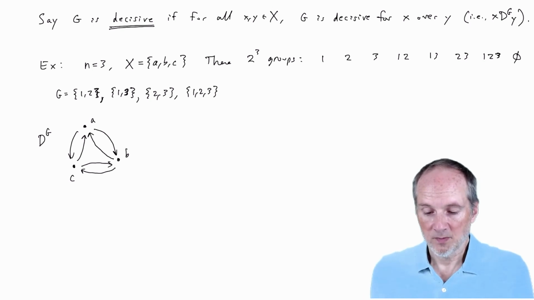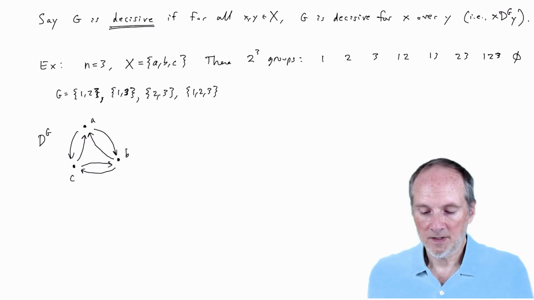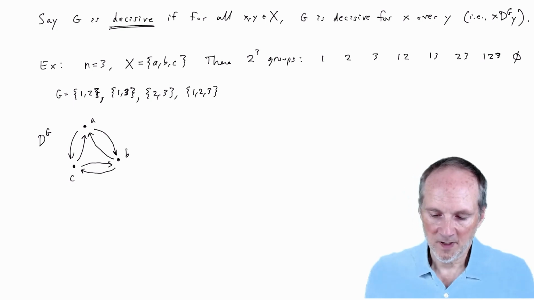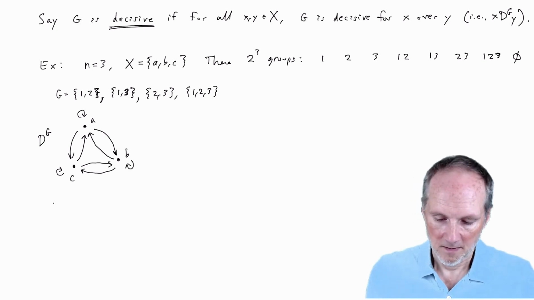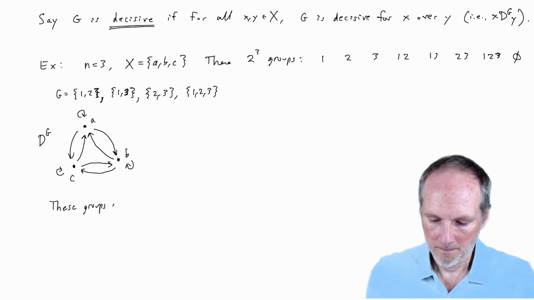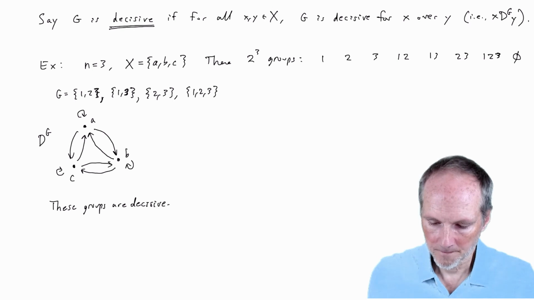There are arcs going between every pair of alternatives. I'm not going to worry about the trivial ones; they're vacuously there. So that means these groups are decisive.